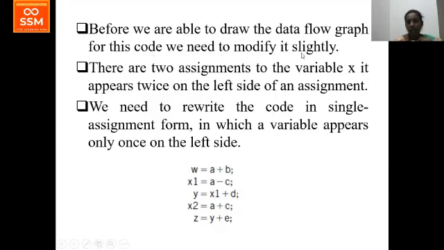Depending on the need, we can modify the flow diagram or expressions. After modifying the expressions, we draw the flow diagram. Here x1 and x2 have different labels, so we can easily understand what kind of operation we are performing.